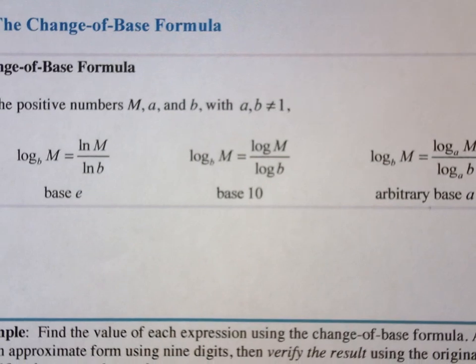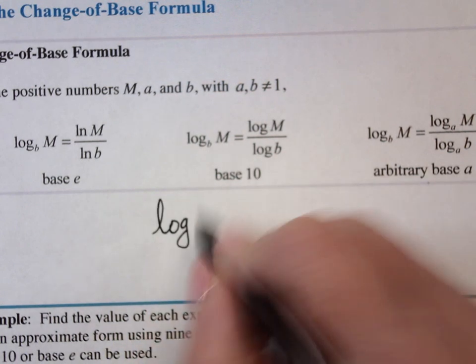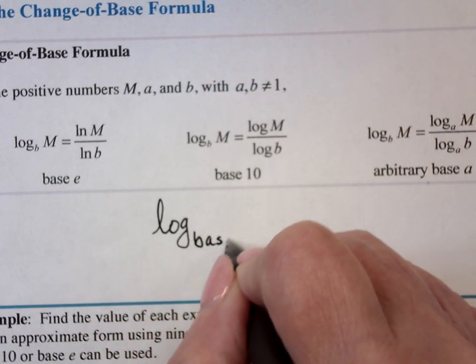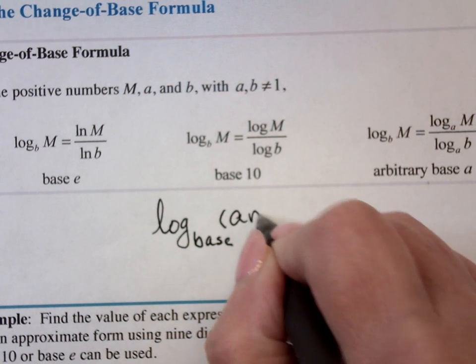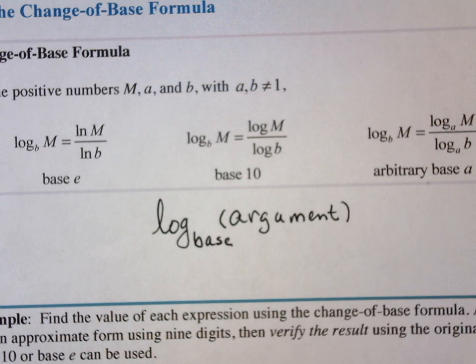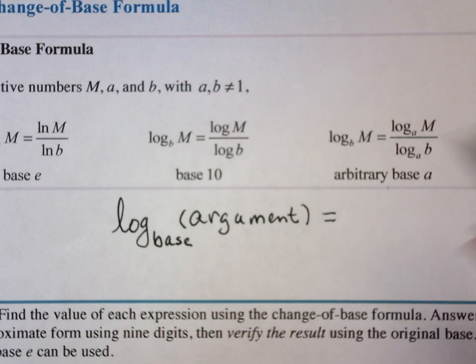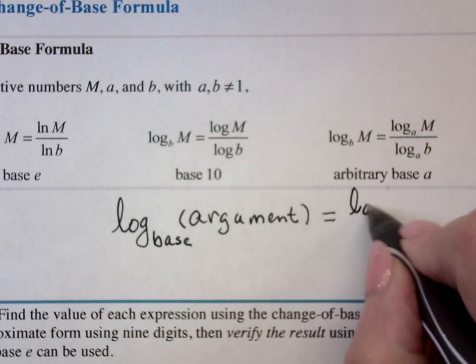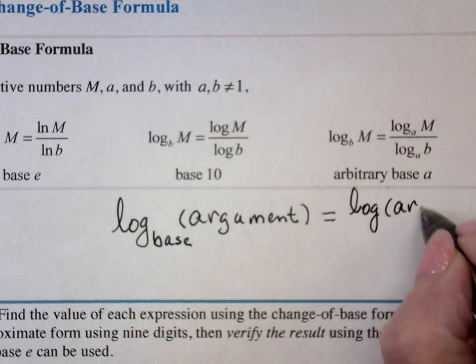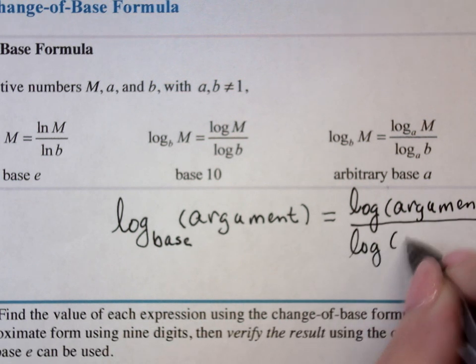I look at it this way: if I have log to some base of some argument, it translates into whatever logarithm you want to do, the log of the argument divided by the log of the base.